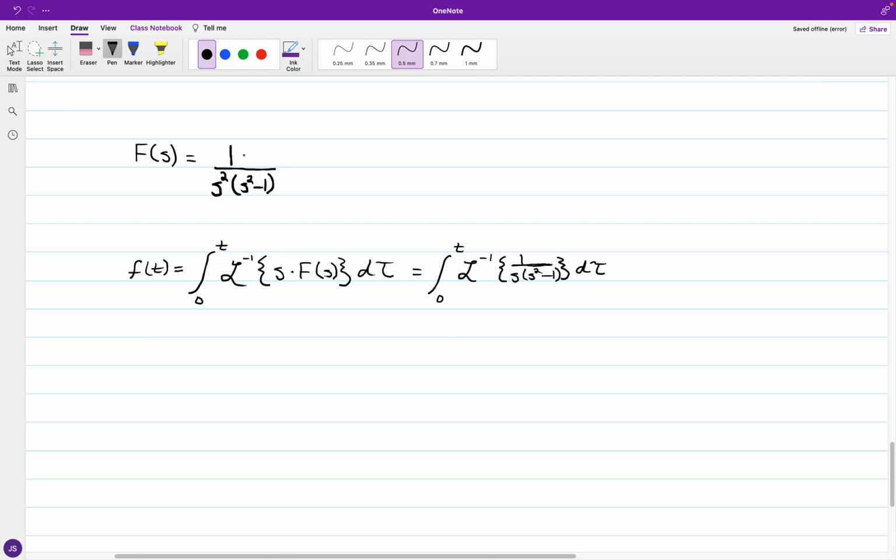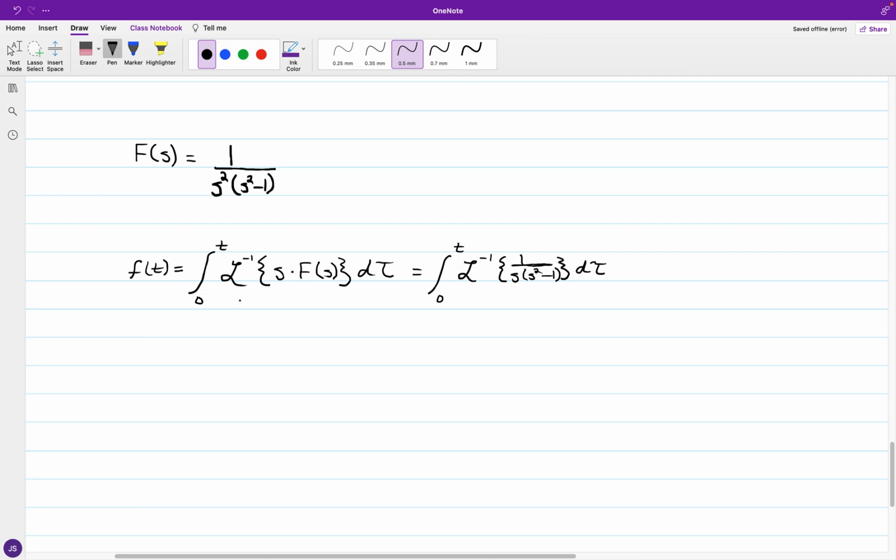Again, we had the Laplace transform as 1 over s squared times the quantity s squared minus 1. With this integration technique, the s squared is lowered to first order.